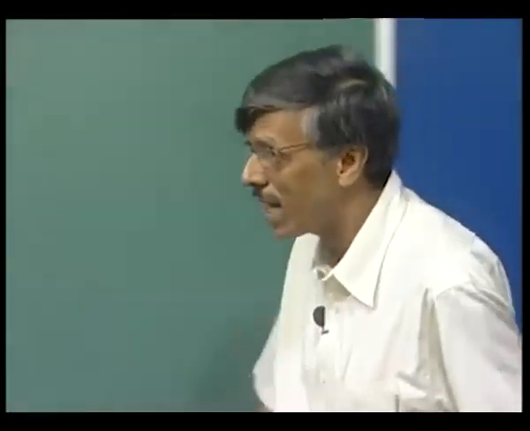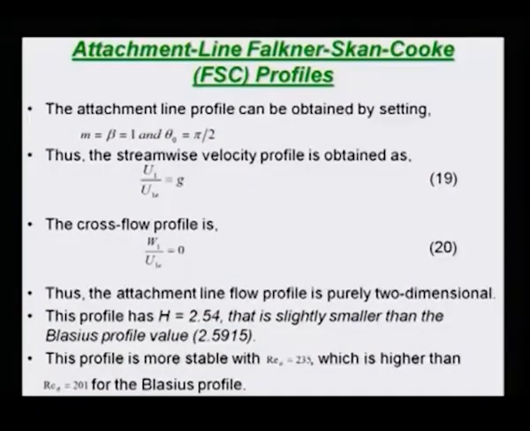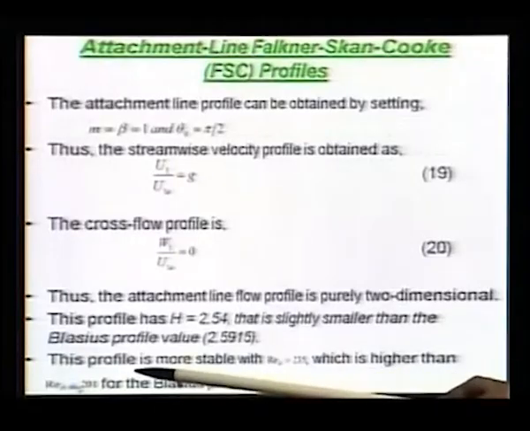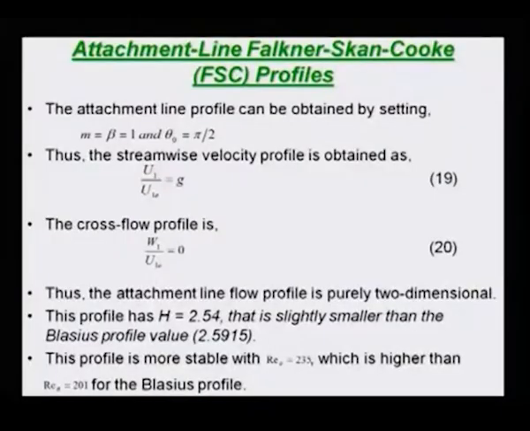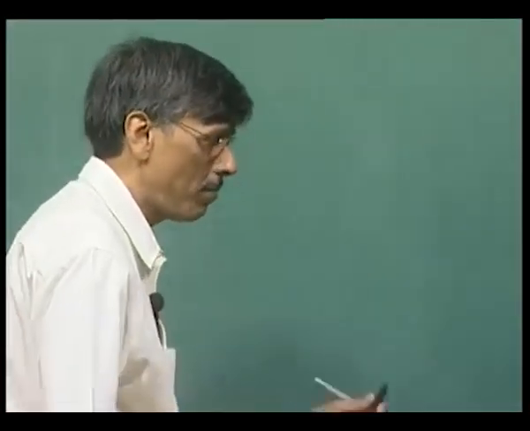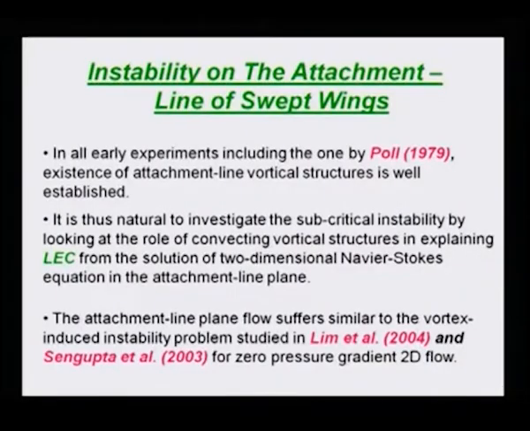So, that 520 actually corresponds to Re theta equal to 201. Okay. And so, you can see that this attachment line plane is not as stable as the stagnation point flow. It is slightly more stable than the Blasius profile. This was what we pointed out.